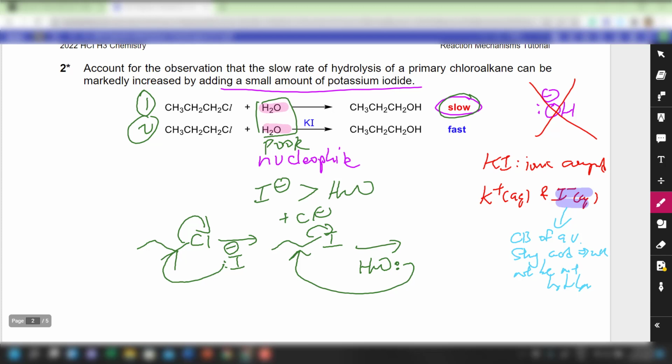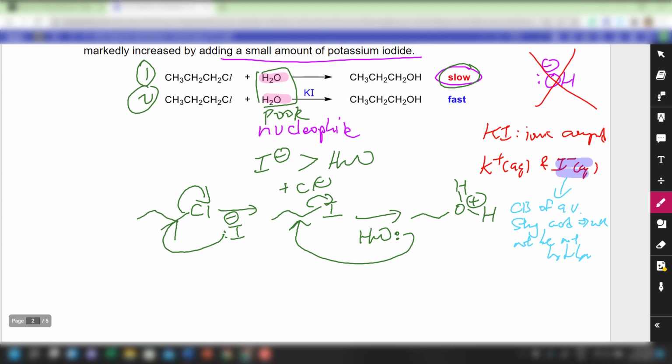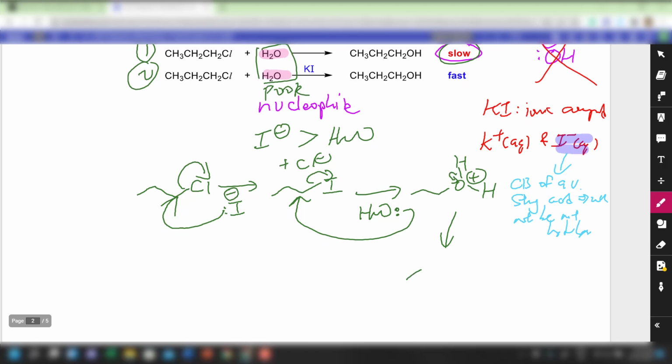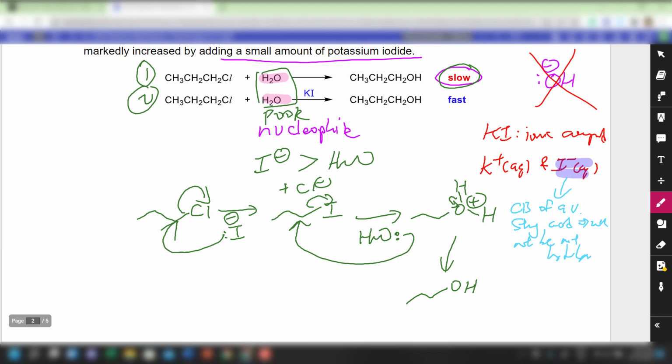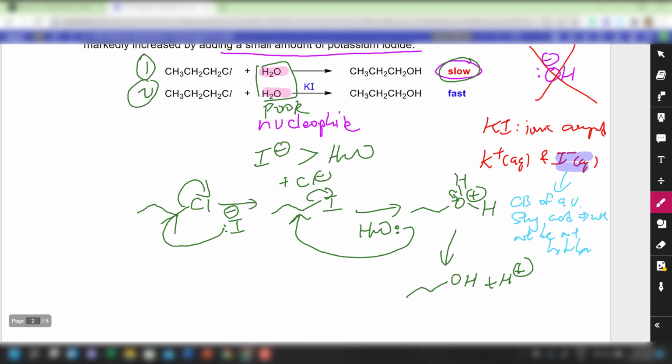This reaction will take place when water displaces iodide. In the process, I'm going to generate the conjugate acid of the required alcohol. The next step is obvious: the O-H bond will be broken, probably grabbed by a water molecule, and in the process I'm going to produce propan-1-ol.